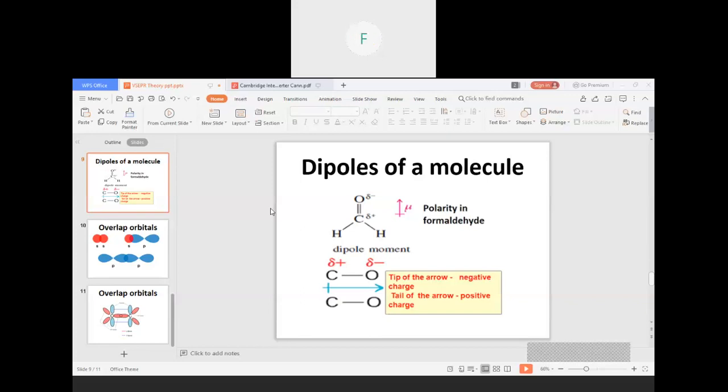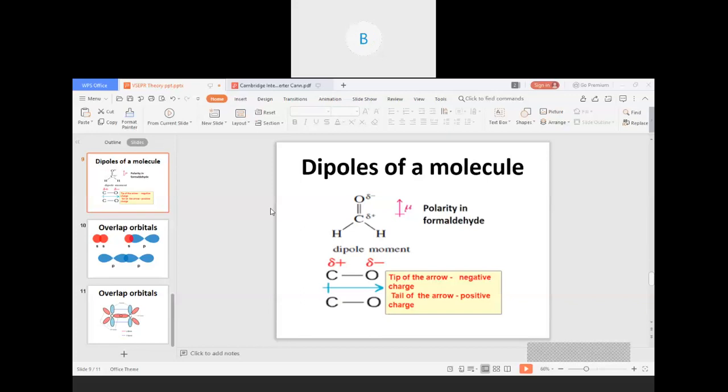Teacher, the lone pairs for carbon? Lone pairs of the central atom. What is the central atom? Felicia already told us carbon. So how many lone pairs? Zero.